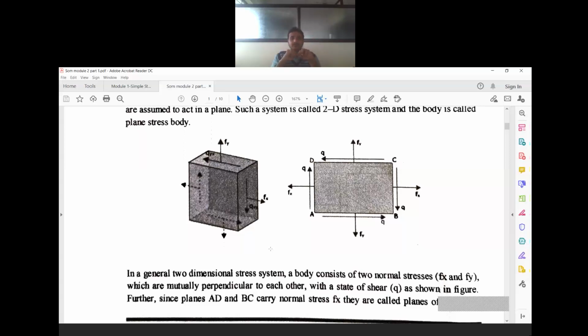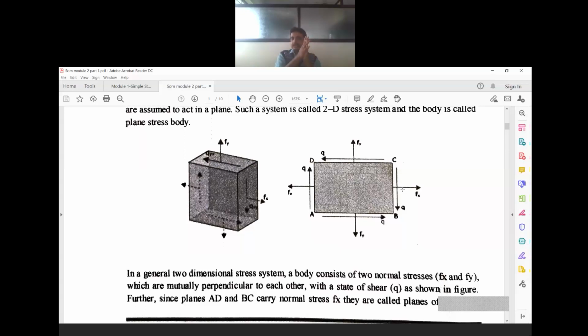Here you can observe there are some normal forces and some shear forces. What are the normal forces? In the x direction we have Fx. So on planes AD and BC we have Fx, which is acting in the x direction, on a vertical plane. The force is in the horizontal direction, but the plane is perpendicular to the force.